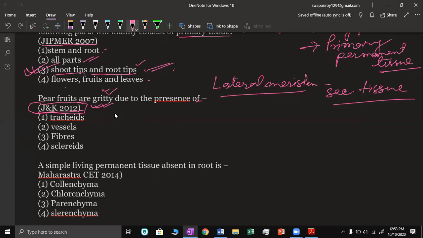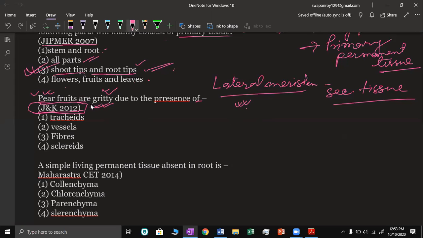When you eat a pear fruit, it is unpleasant due to the presence of something which comes in between our teeth while munching this fleshy part of the fruit.